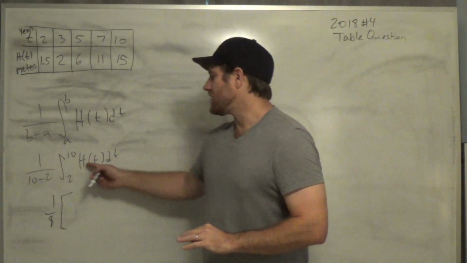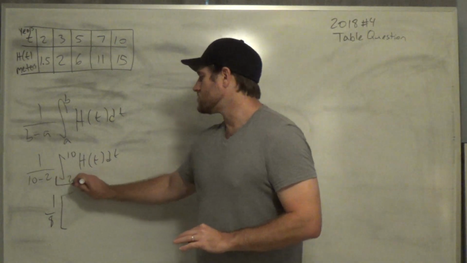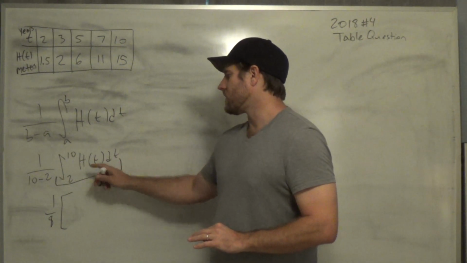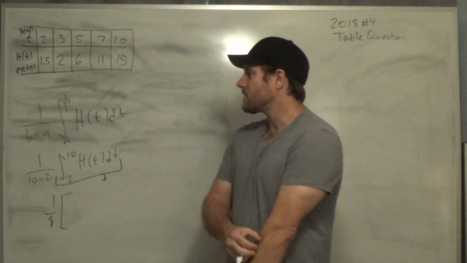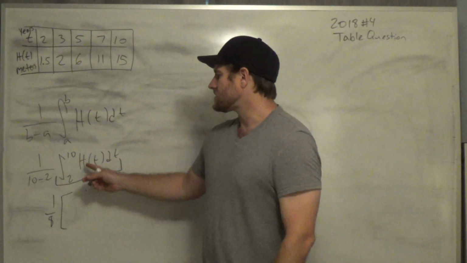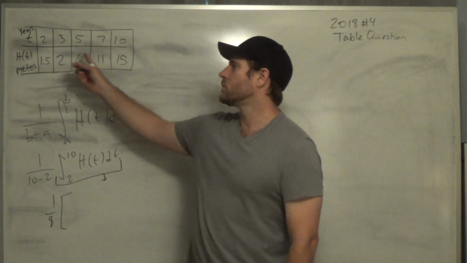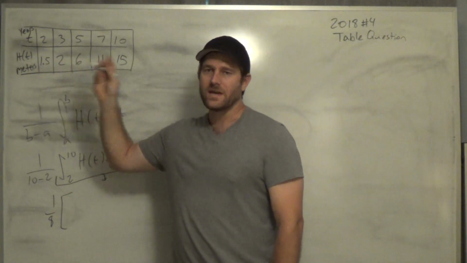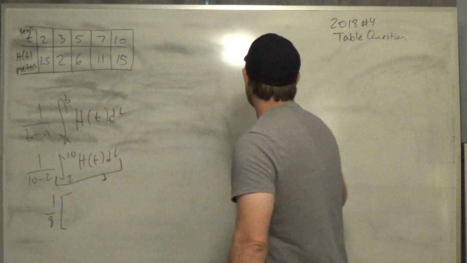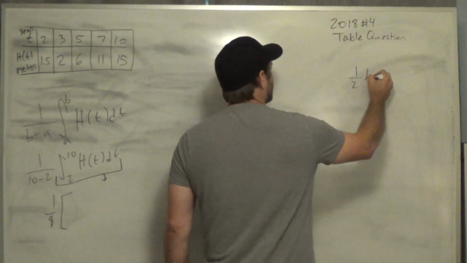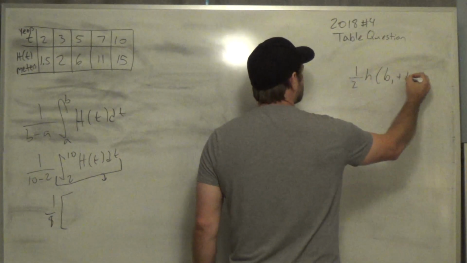So, not using this whole thing, it's only used for this part, the area underneath the curve. So we want to know the area underneath the curve, and we're going to estimate it using trapezoids. Remember the trapezoid formula? 1/2 height, base 1 plus base 2.